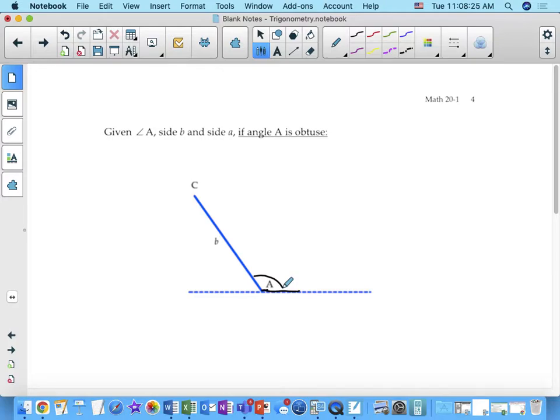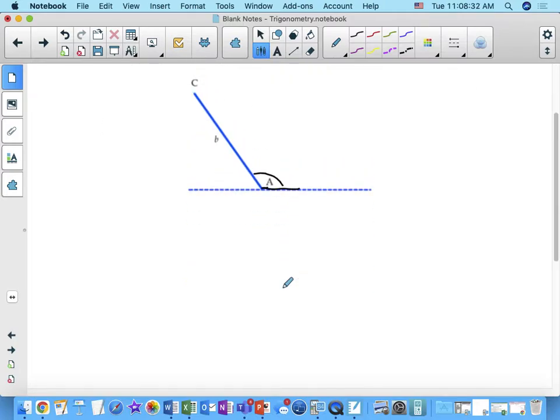Then if A is less than or equal to B, okay, so we'd have this situation here.